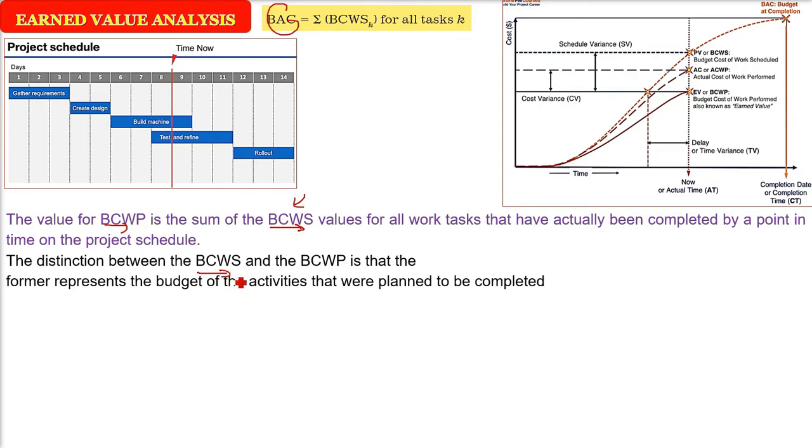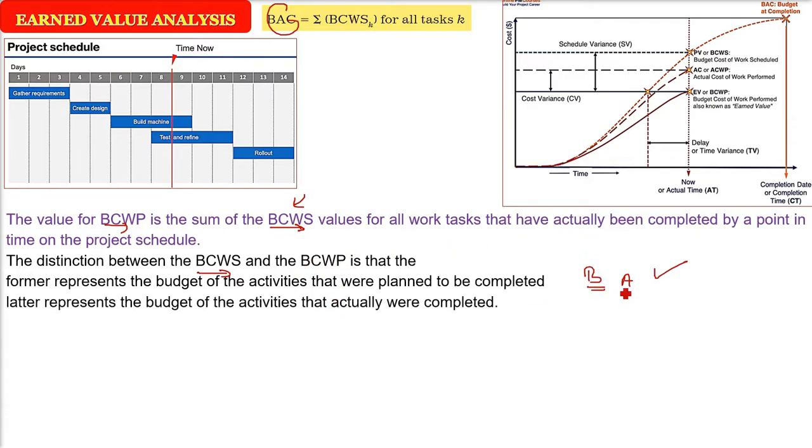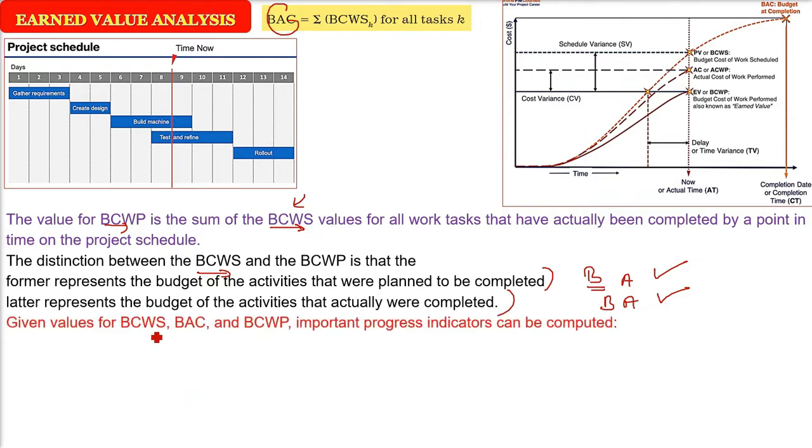BCWS represents the budget of the activities that were actually planned to be completed. We have planned it. But BCWP represents the budget of the activities that are actually completed at that particular point. Okay, what is budgeted? What is completed? Now we have BCWS, BAC and BCWP.